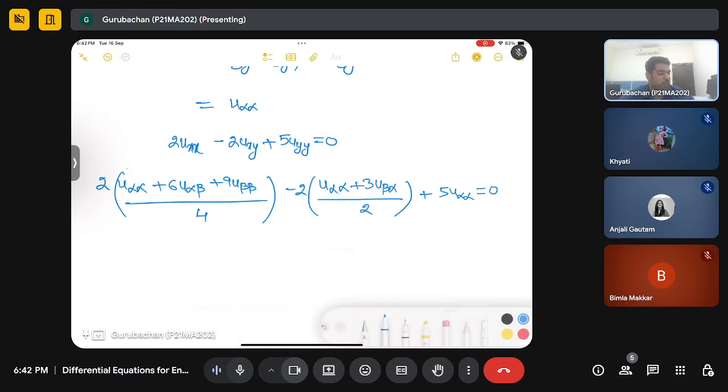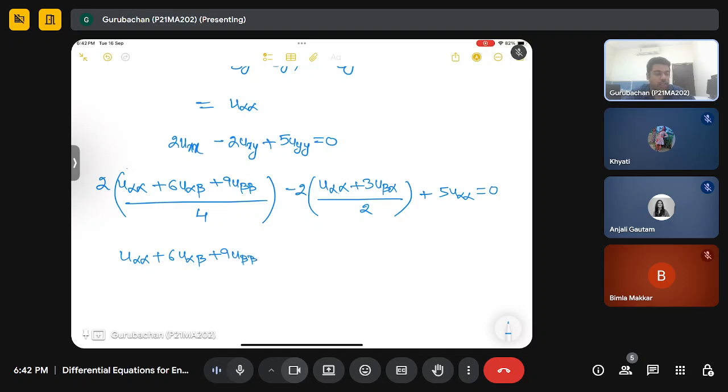In the simple manner, you will take the LCM as 2. So from here you will get u alpha alpha plus 6 times u alpha beta plus 9 times u beta beta.